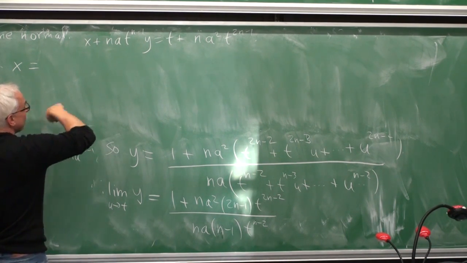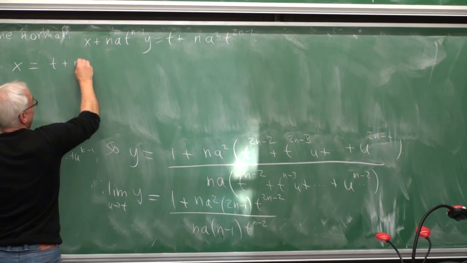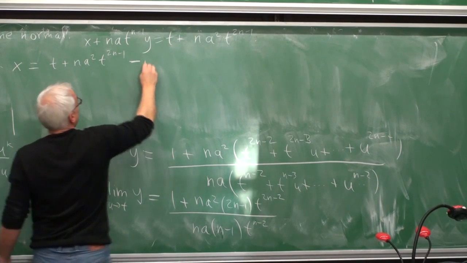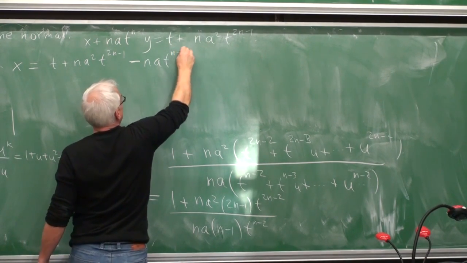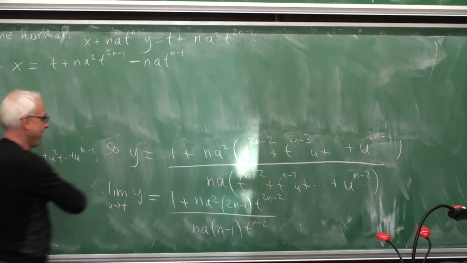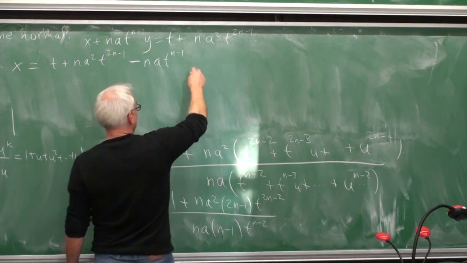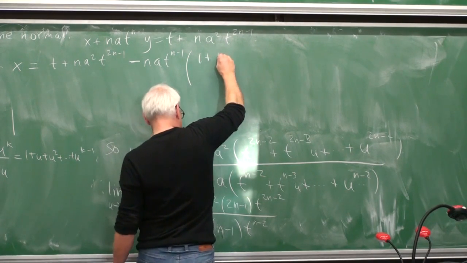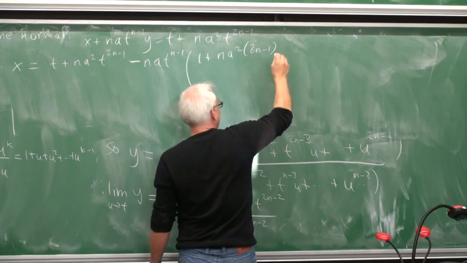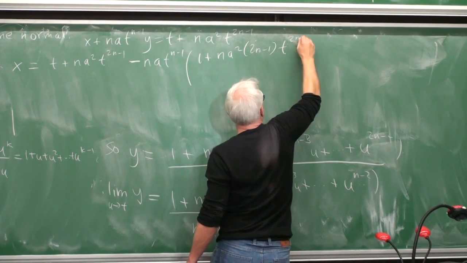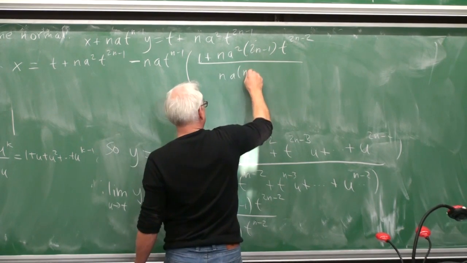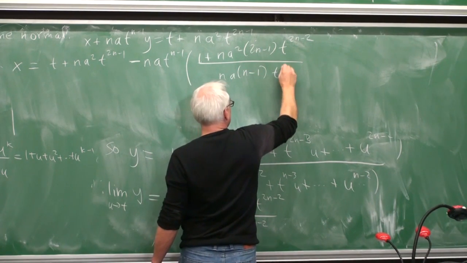We'll take x equals t plus na squared t to the 2n minus 1 minus na t to the n minus 1 times this value of y. And that is 1 plus na squared times 2n minus 1 t to the 2n minus 2 all over na n minus 1 t to the n minus 2.